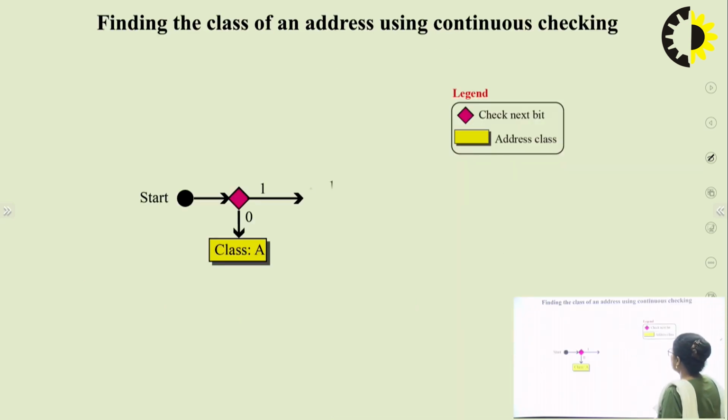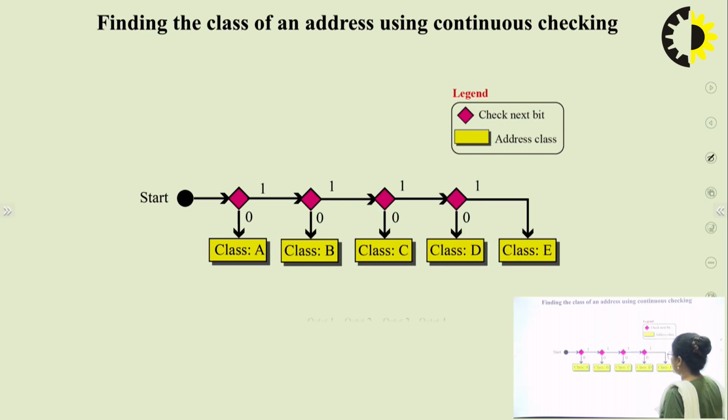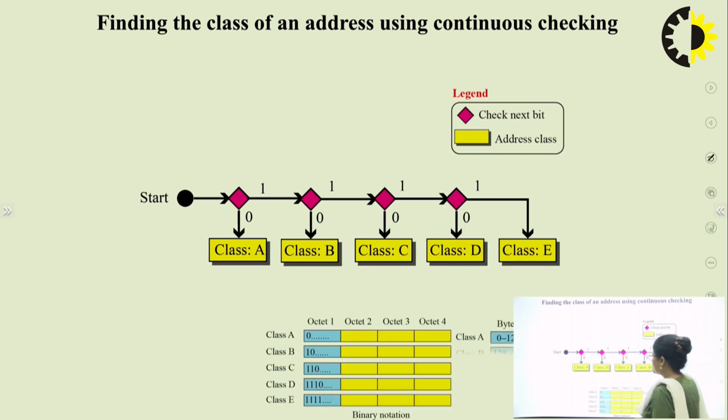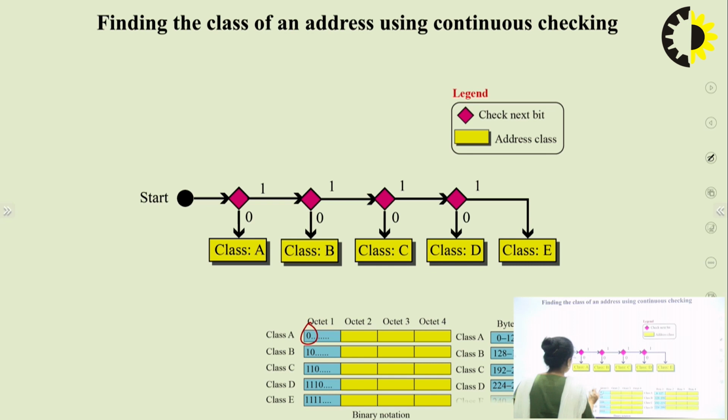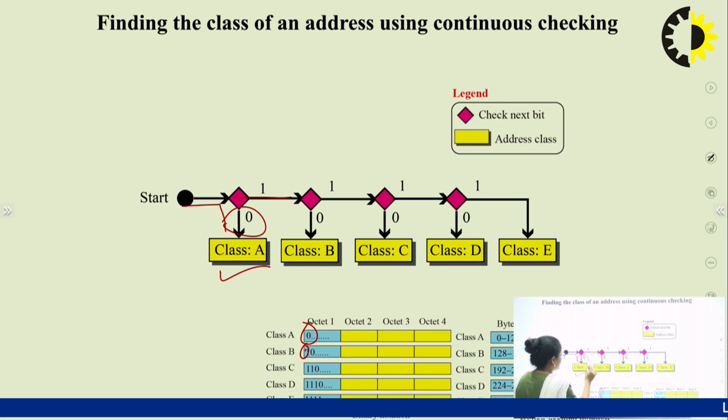The logic to identify it is this: you check the first bit. If the first bit is 0, that means it's class A. If the first bit is 1, then check whether the next bit is 0. If the next bit is 0, then it is class B. If not, then the first two bits are 1.